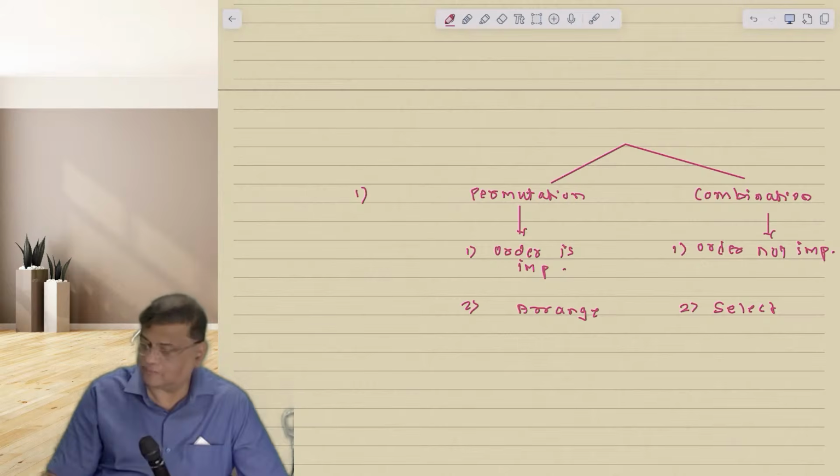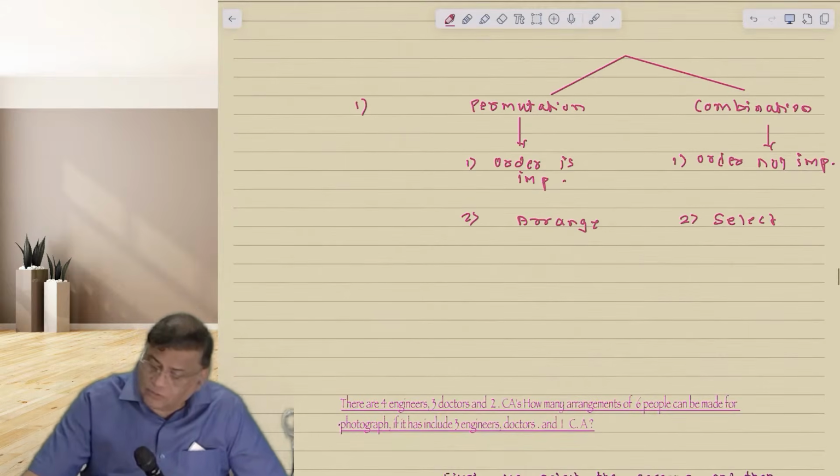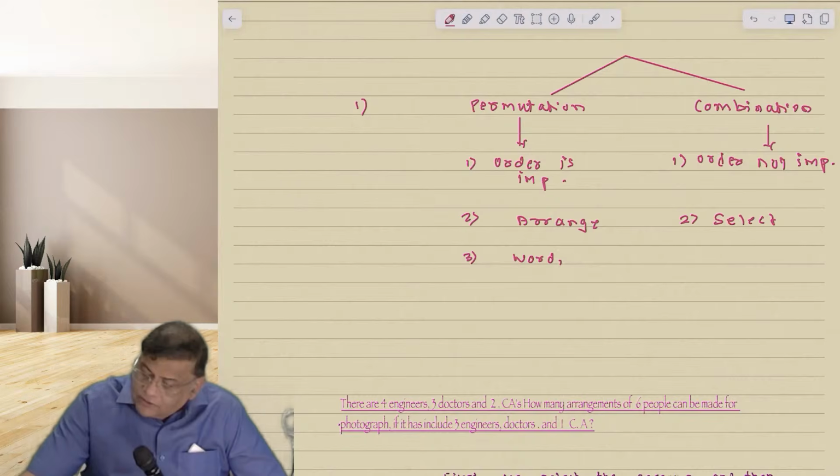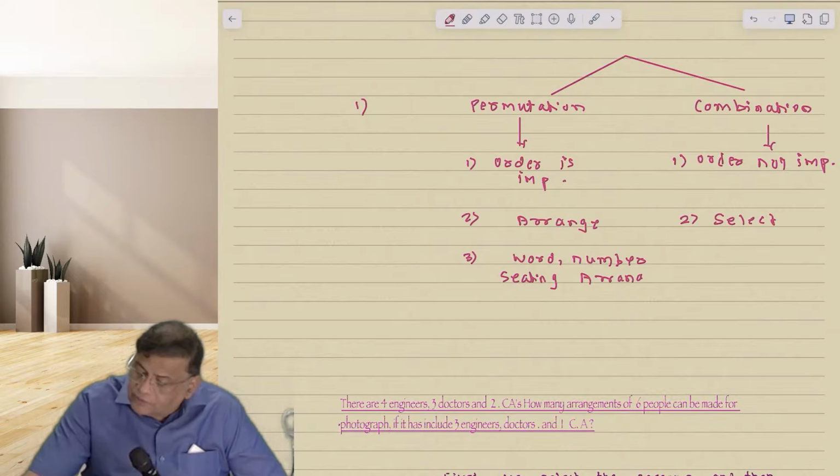Clear? Simultaneously keep on writing. Now, generally, whenever we form a word, whenever we form a number, whenever we consider the seating arrangement, it will be referred to as permutations.